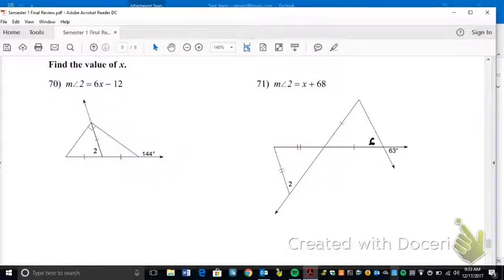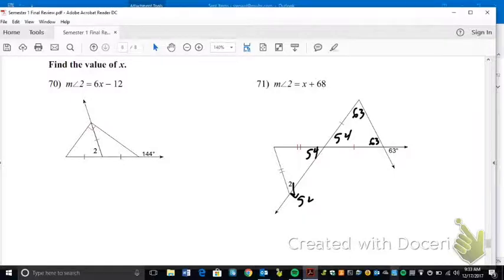Okay, next. Start with 63. We're going to go, that is 54. And again, we went 2 times 63 plus whatever's left over equals 180. That leftover turns out to be 54. It's a pair of vertical angles, so 54 and 54. 54 down there too.